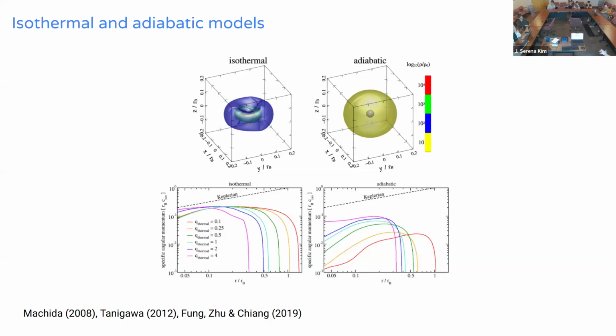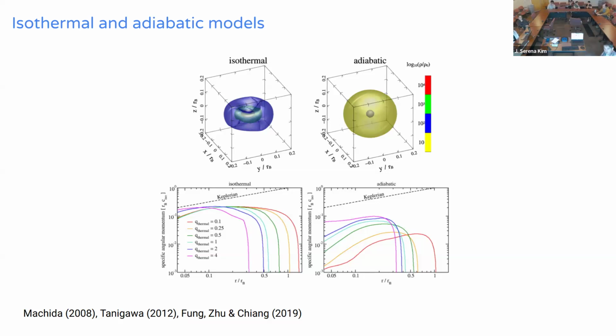So for us, after looking at this, we were thinking there must be a critical cooling time, because you can think of the isothermal case as the perfect, rapid cooling case, and the adiabatic case as the one with slow cooling, an infinite cooling time.